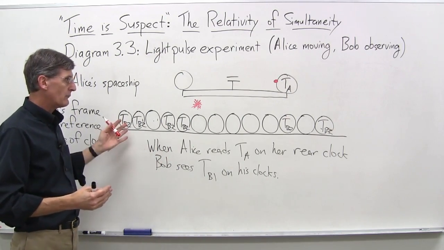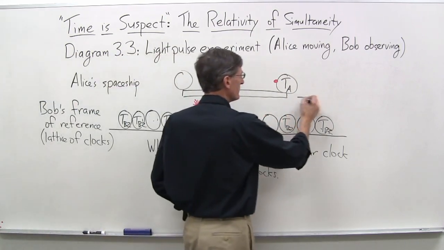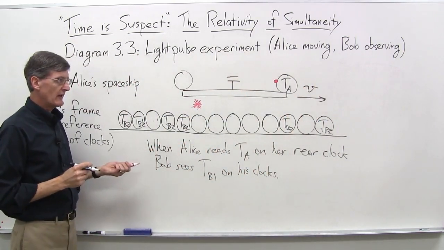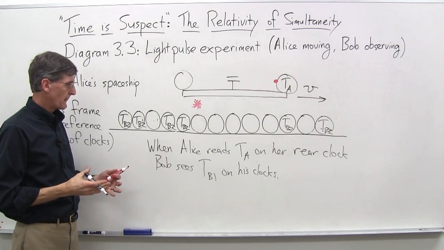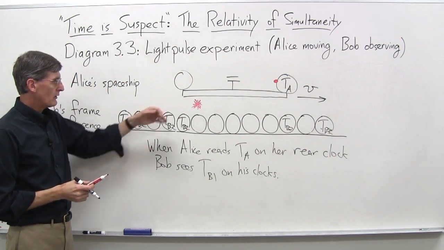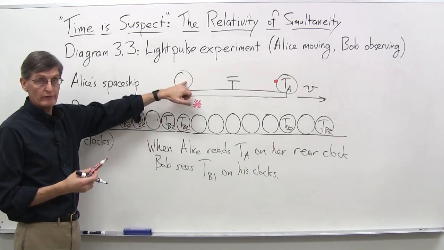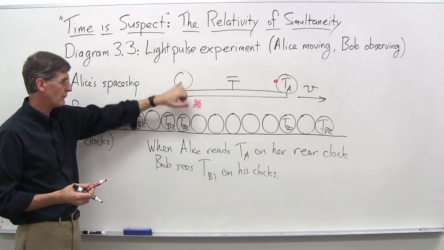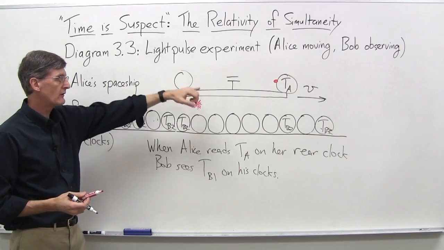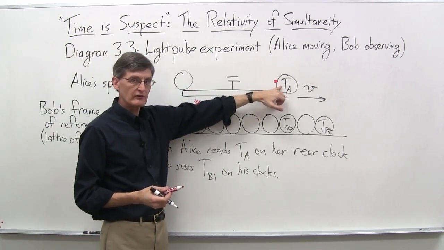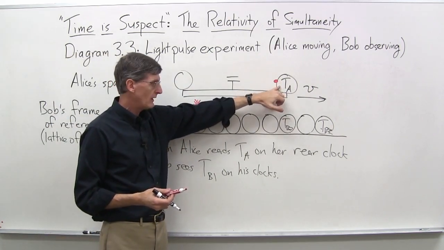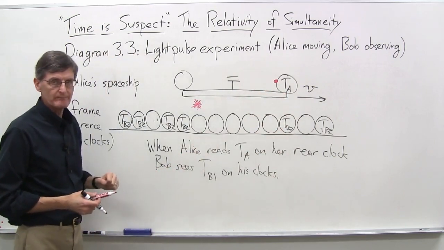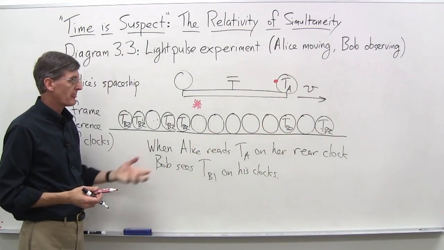Now Bob is saying, and remember again, Alice is moving this way with velocity v. Now Bob is saying, something's wrong, Alice, because a few seconds ago, your leftward-going photon hit this clock and it read T sub A, but my clock read TB1, and the other photon hit this clock. It read T sub A, but my clock is at TB2. We've got a problem here.